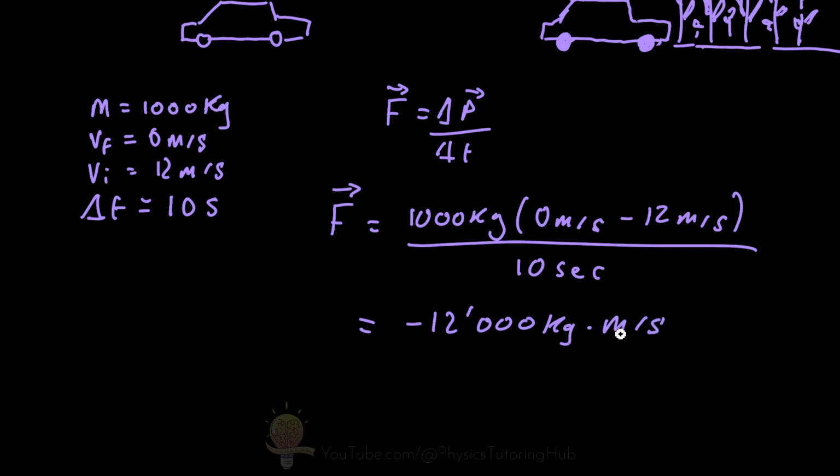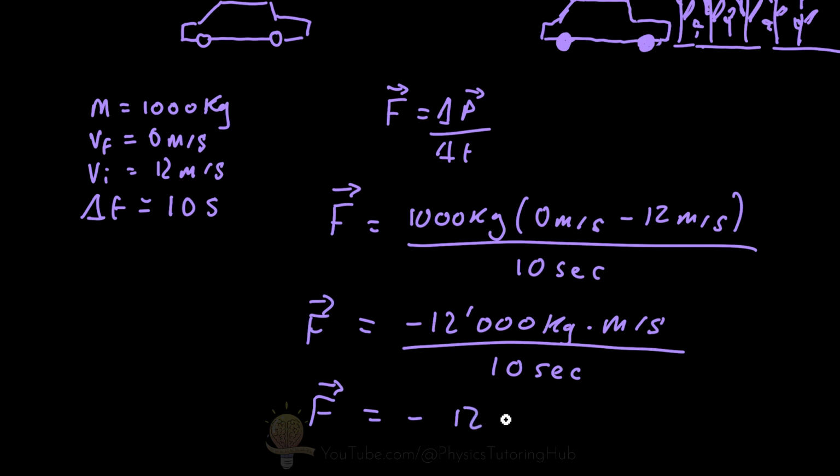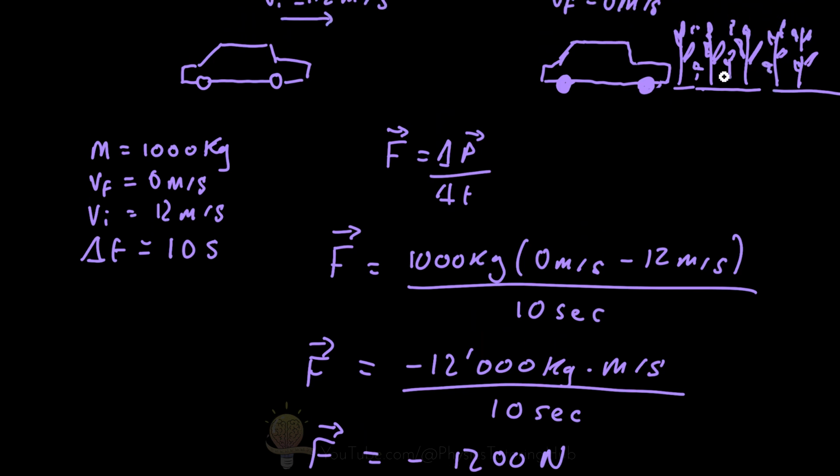So the change in momentum is the same as the last scenario, but the length of time that this constant force is acting on the car has increased. We get a force value of negative 1,200 newtons. So our constant force slowing down our car is far lower now, which means that there's far less force exerted on the car and its passengers during this collision.